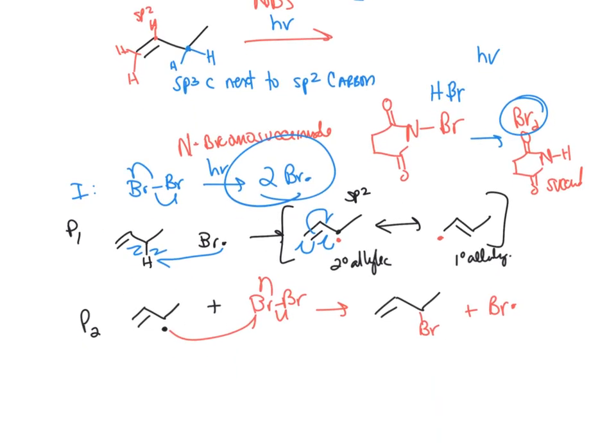Now, why is it important to use NBS? Well, if you just take Br2 and you have too much, so if you have a high concentration of that, you can remember that that made the bromonium ion, right?